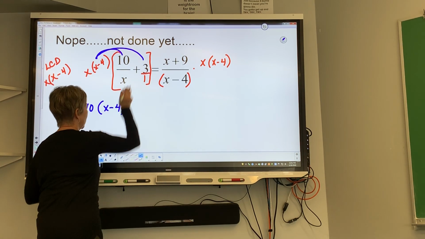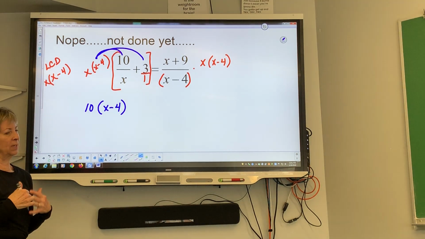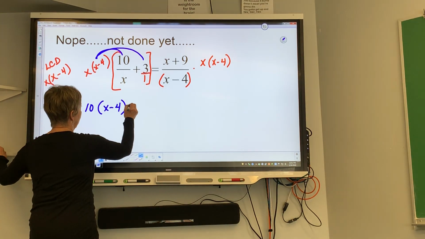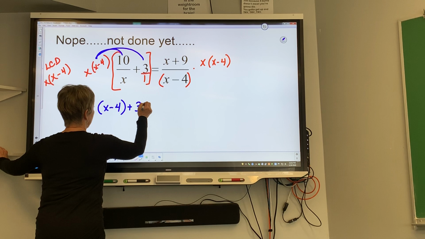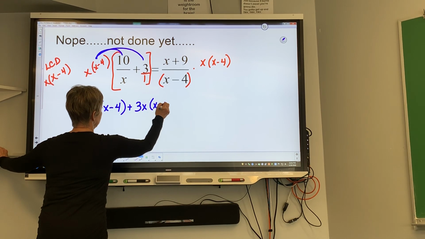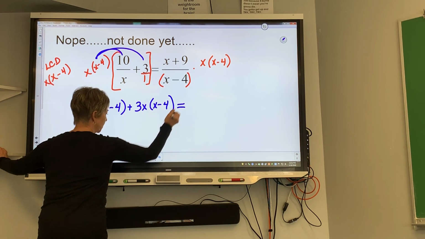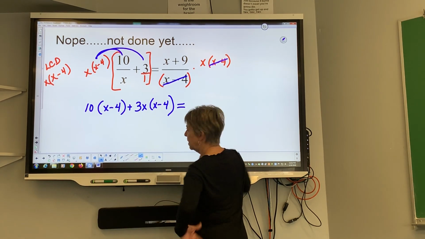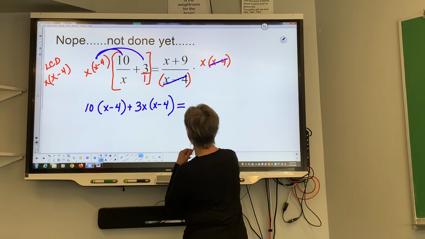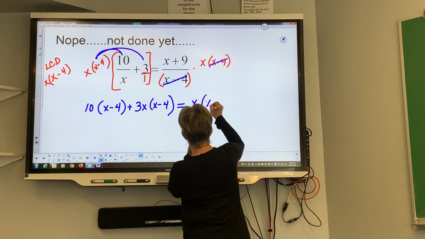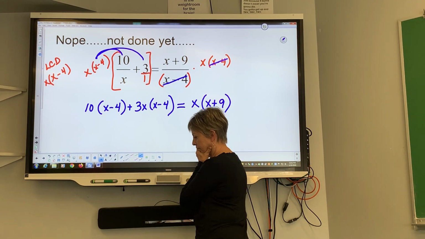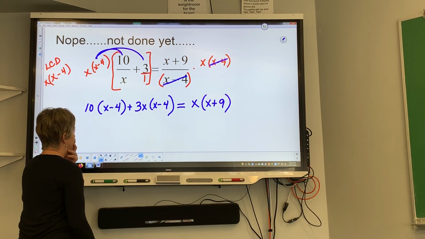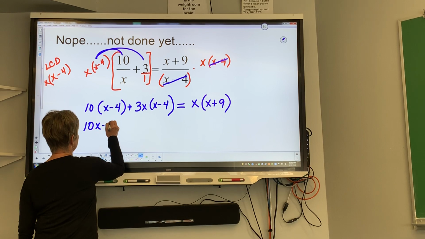When I multiply by that, there isn't anything in the denominator to merge and make a 1, so I'm going to have 3 times x minus 4 left there. And then on the right-hand side, this and this will merge to become 1, and I'm going to have x times x plus 9. Okay? So let's go simplify this out.